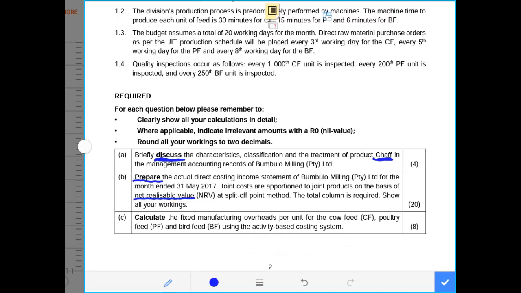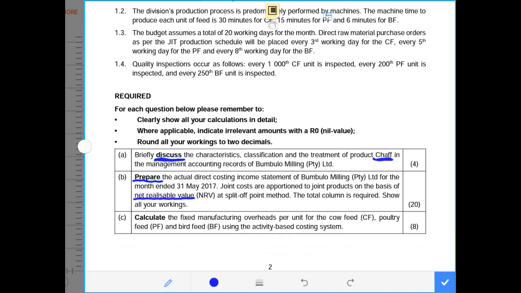Then that will give us the net realizable value that will be used to allocate our joint cost between the products that are given. The total column is required. Then we are to show all the workings, and that is out of 20 marks. That is the major part of this question, joint cost.